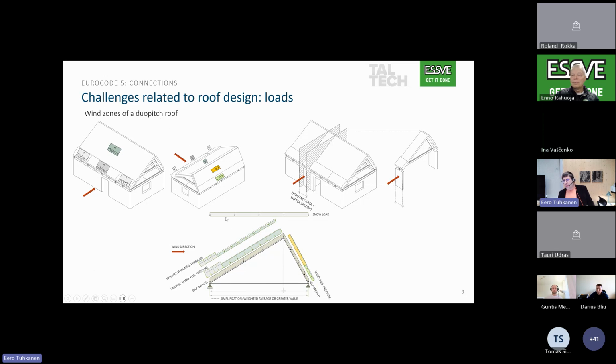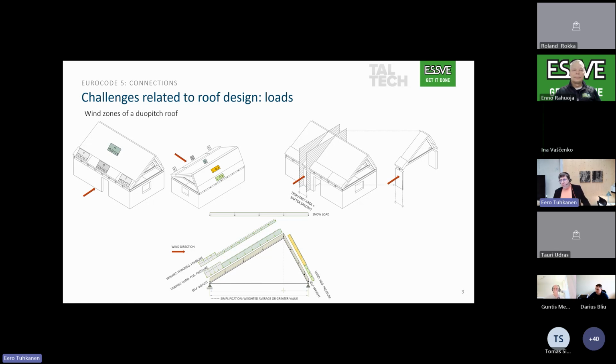The challenge here is how to summarize all these loads, or how to put them into one combination. Then we have to consider the angle of the roof, how the load is acting on the roof, in which direction the wind is blowing, and whether it is positive or negative pressure. So all these things we have to consider.